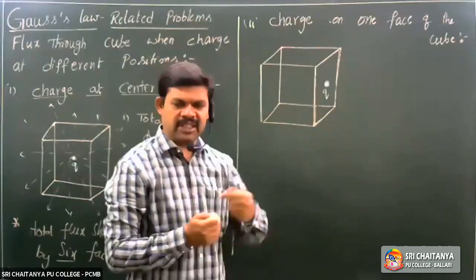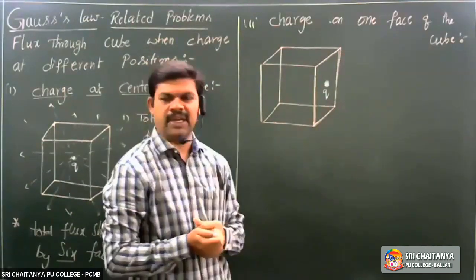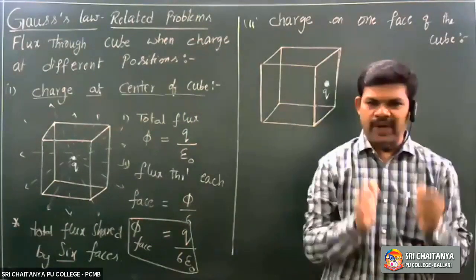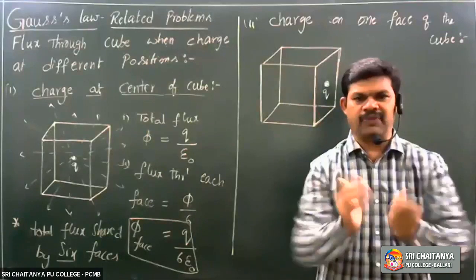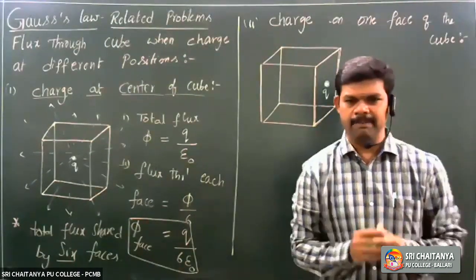There are different methods of solving. If we want to solve this by using Gauss law, what does Gauss law say? To find the flux, consider a closed surface surrounding the charge, which is symmetrical.